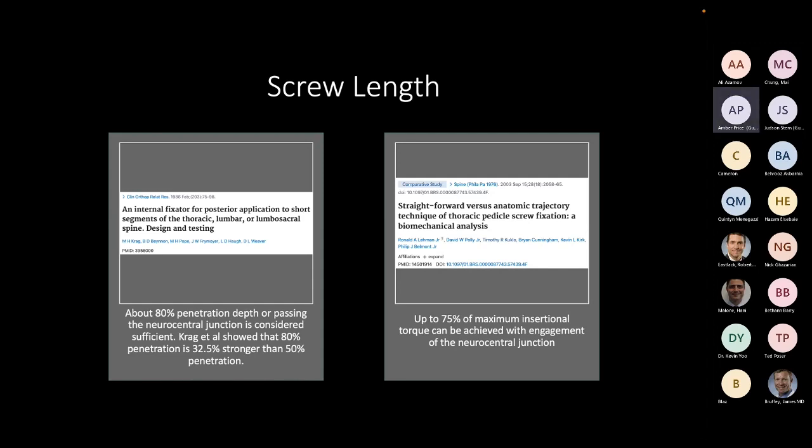You don't really get much more out of the body in terms of biomechanical pullout versus just kind of tapping or placing the screw, unless you obviously go bicortically, but within the vertebral body itself.